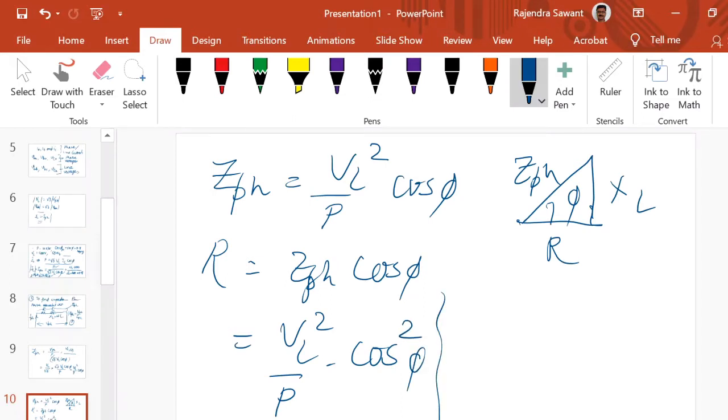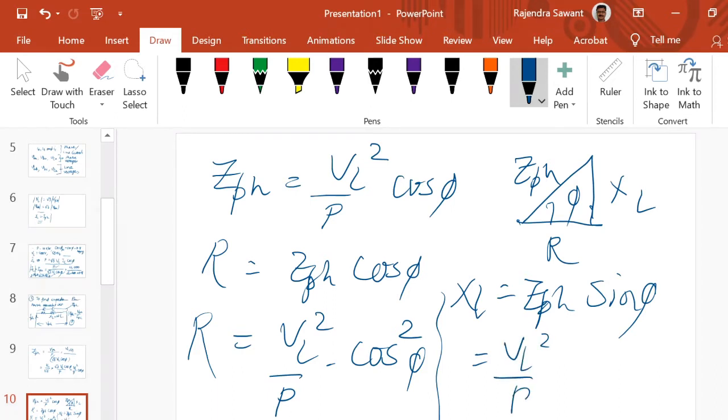So we can directly get the value of R. One can also get the value of XL as ZPH into sine of phi, which is VL square upon P into cos phi into sin phi. So this is how one can directly calculate XL.